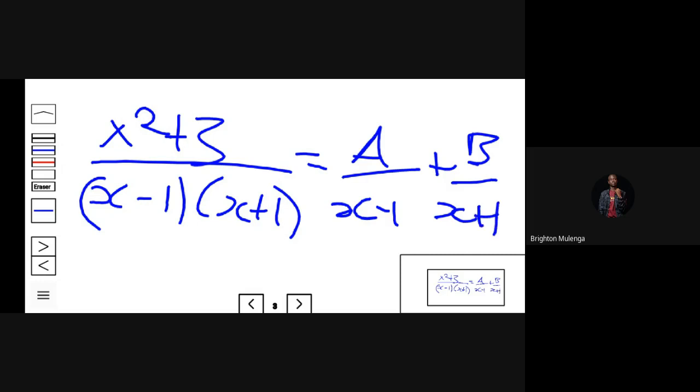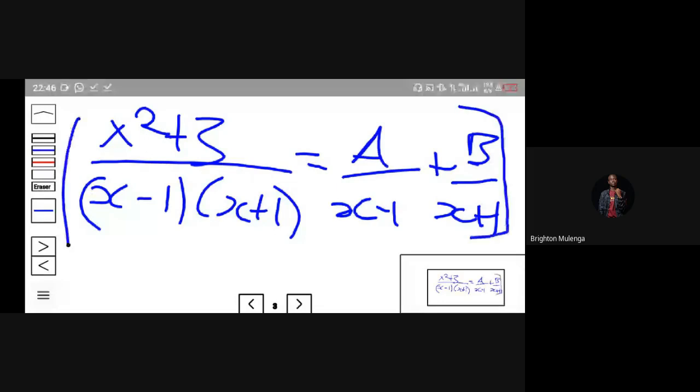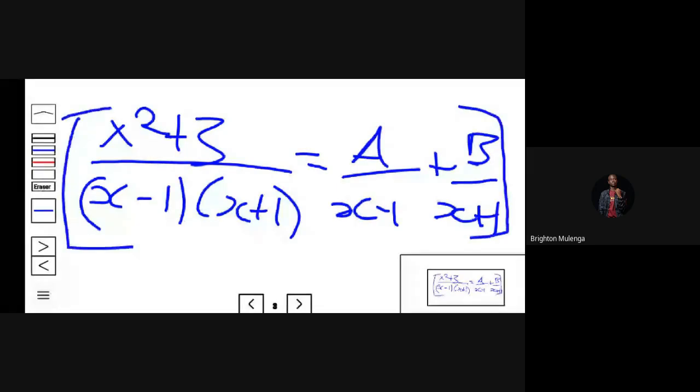Then we multiply and resolve into partial fractions.